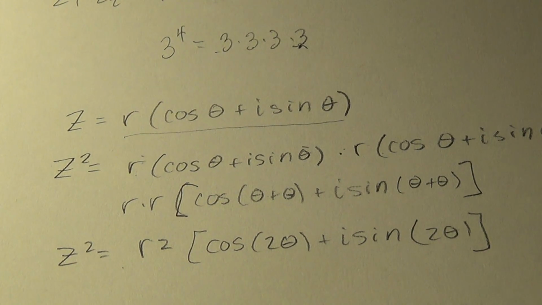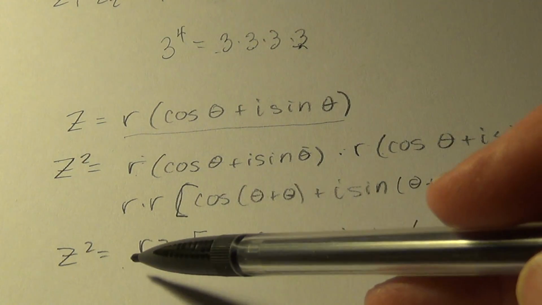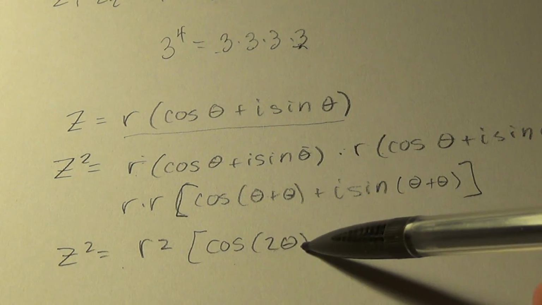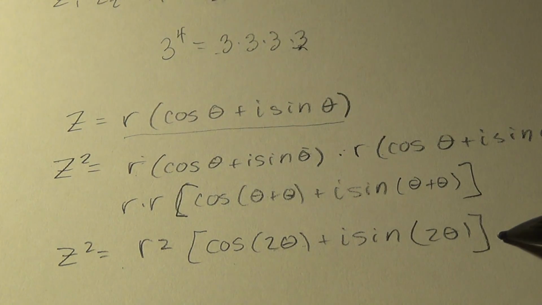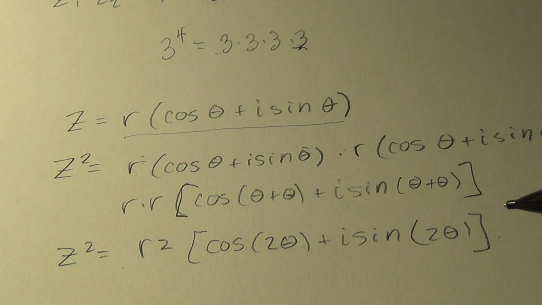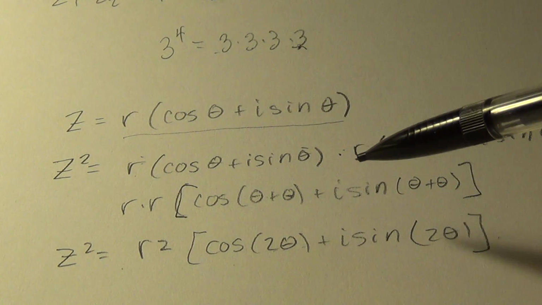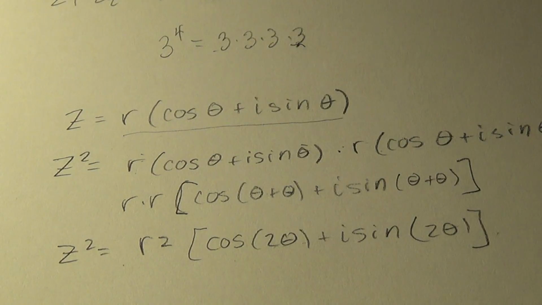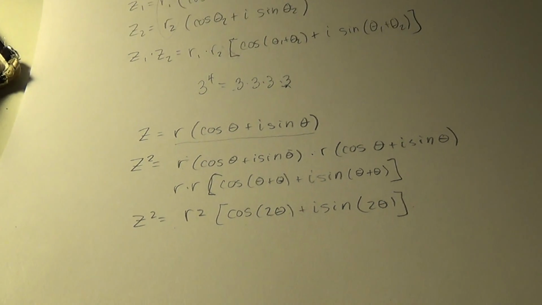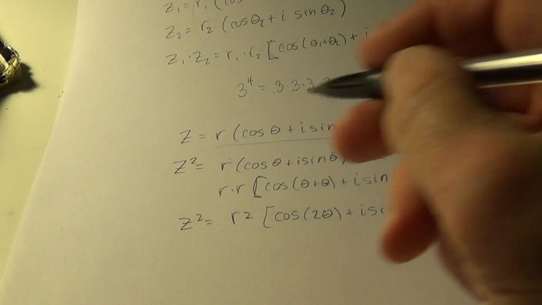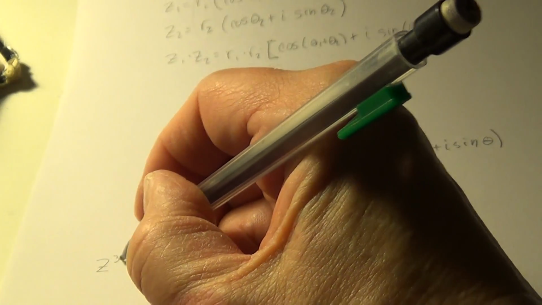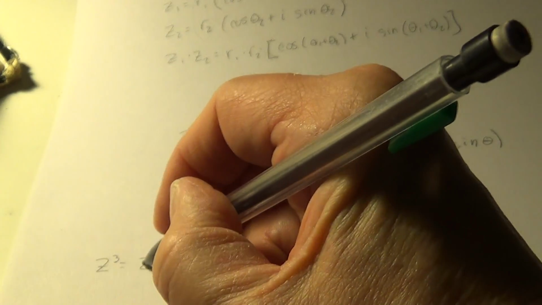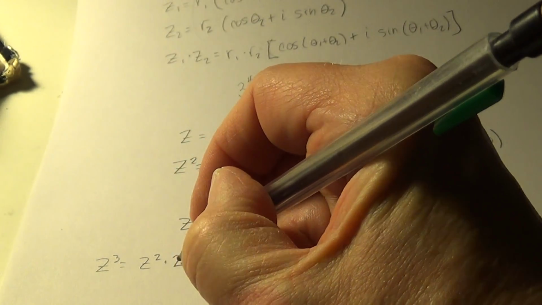So I want you to observe a pattern. When we squared z, we get r squared cosine 2 theta plus i sine of 2 theta. So by hand we'll churn out z cubed, but then we'll switch back and see if we can find a pattern that will always work. So z cubed is going to be z squared times z.